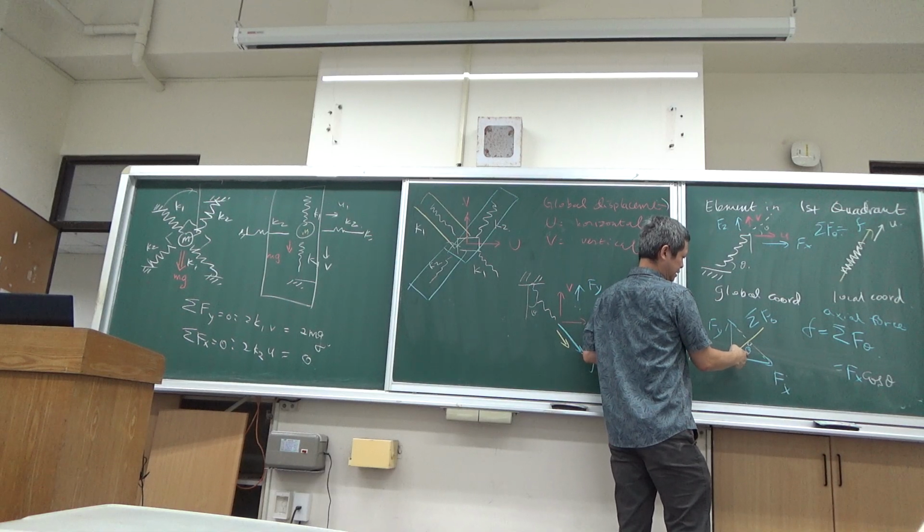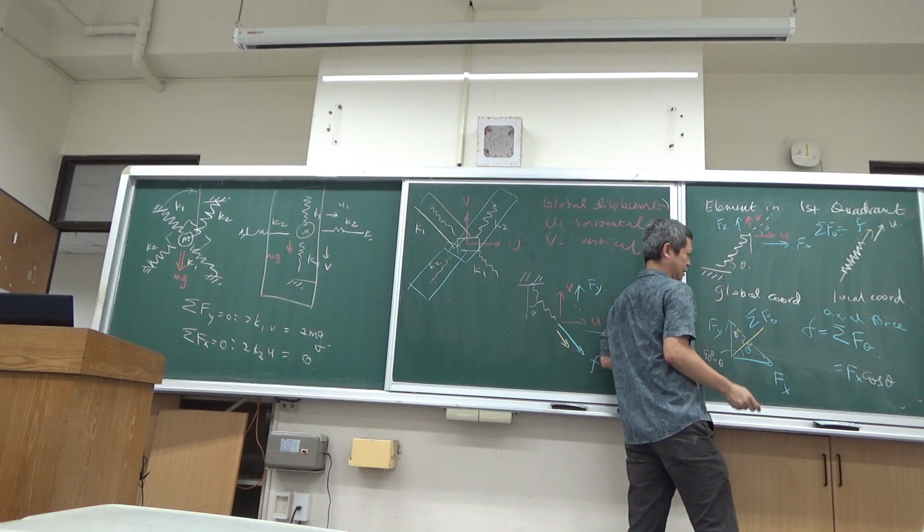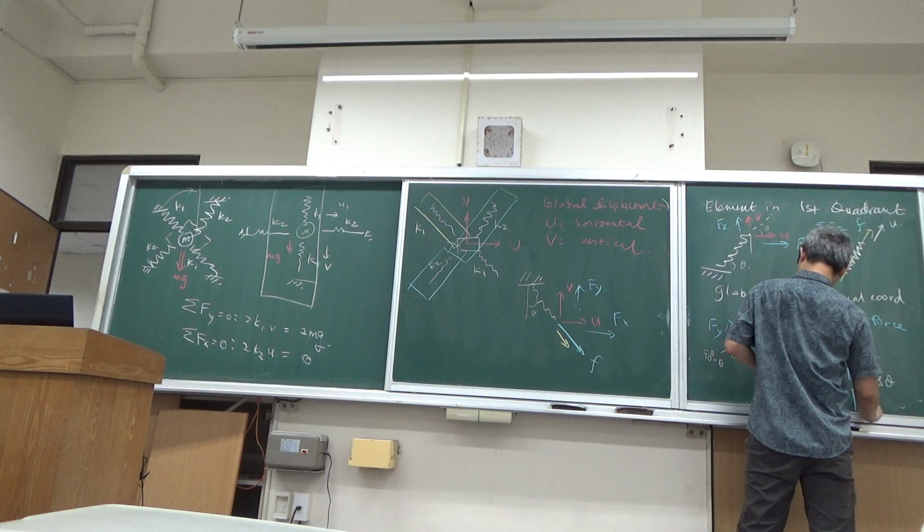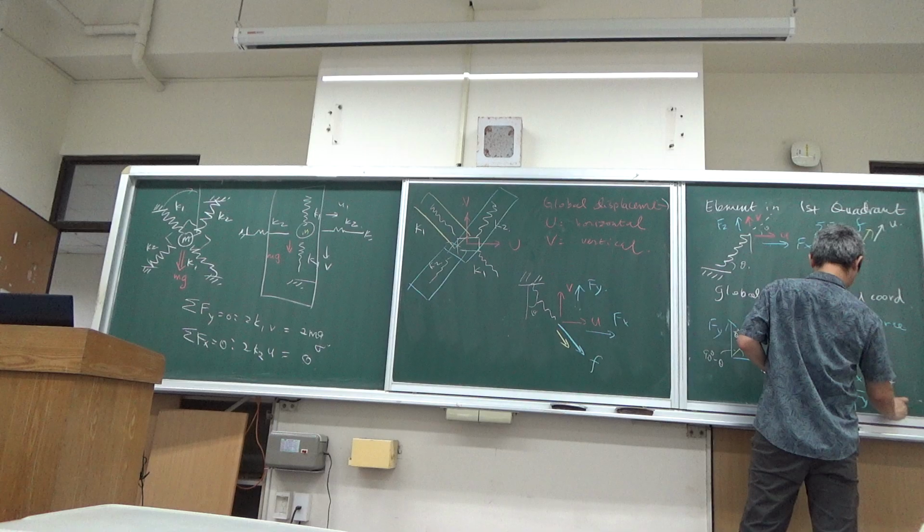If this is theta, this is what? 90 degree minus theta. This is a right angle, then opposite must be theta. So this one you have the sum of Fy sine theta.